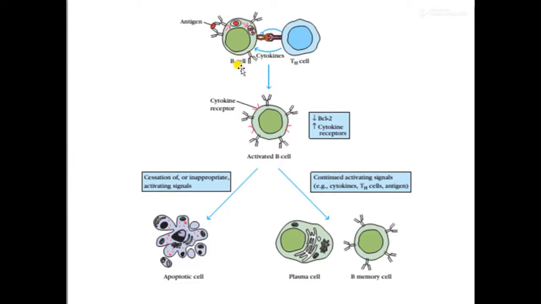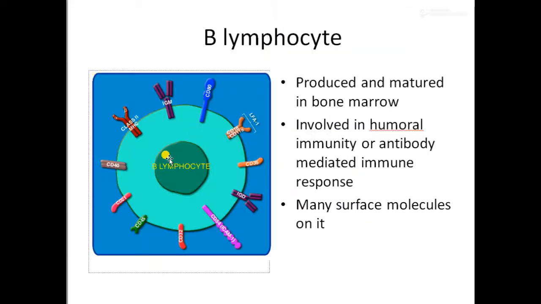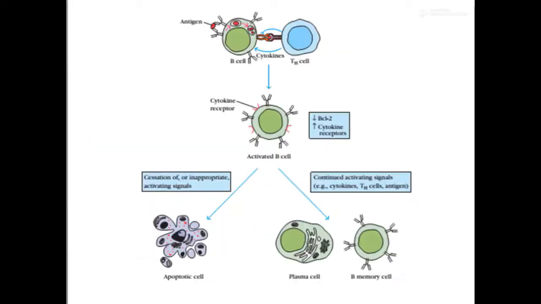So during the activation of the B lymphocyte, you can see that the B lymphocyte is also giving a small portion of the antigen attached to its receptor called the MHC. You can have a look. The class 2 MHC attached onto the B lymphocyte is providing that to the T helper cell also.